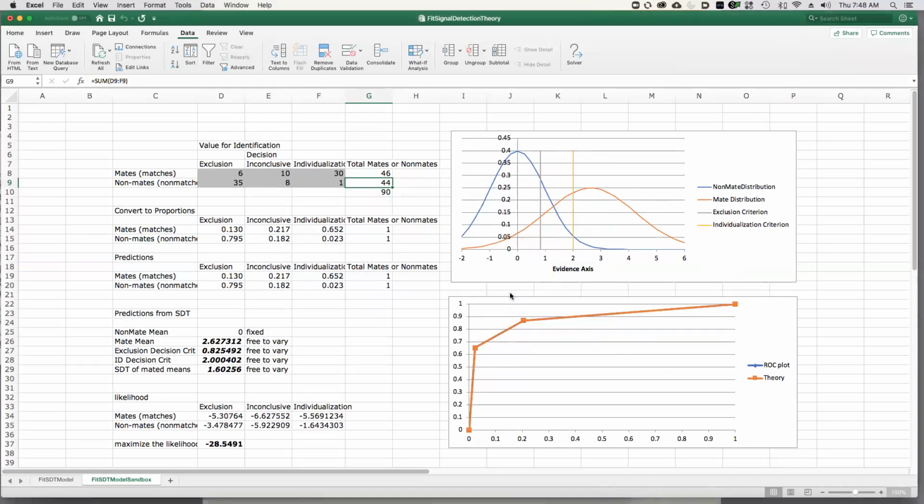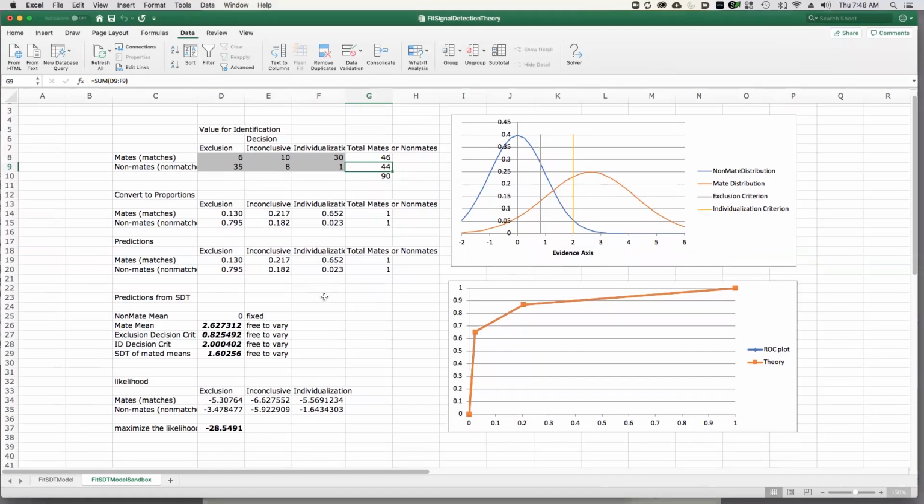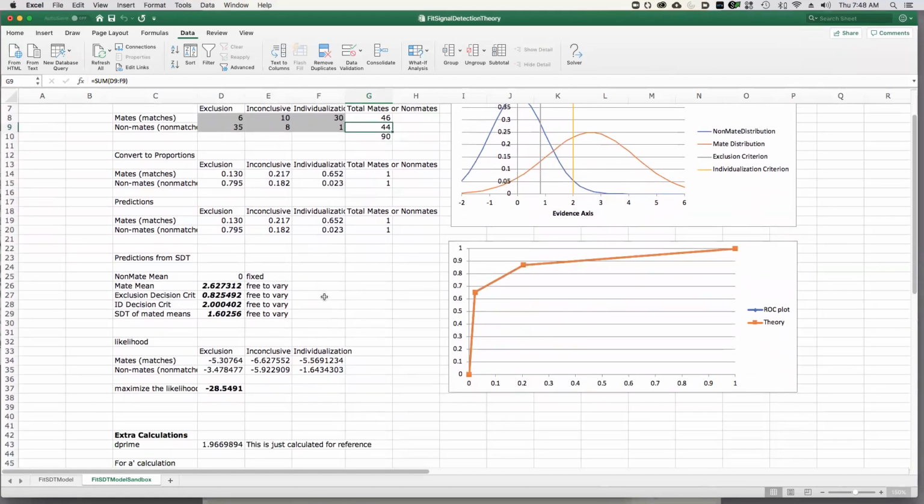So this gives us a measure of how good this subject is. So basically the D prime value that's shown down here is sort of a measure that allows us to decide which examiner is better at separating mated from non-mated pairs, regardless of whatever decision thresholds that they have or decision criterion.